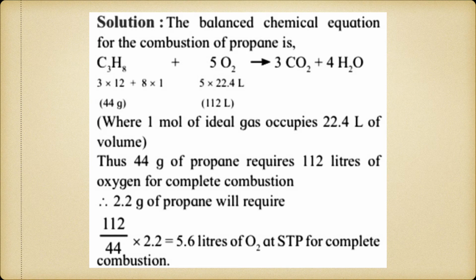Over here, please understand, for oxygen we need the volume. 1 mole of oxygen will occupy a volume of 22.4 liters. Therefore 5 moles of oxygen will occupy 5 into 22.4 liters, so it is 112 liters. That is what is written, where 1 mole of an ideal gas occupies 22.4 liters of volume.